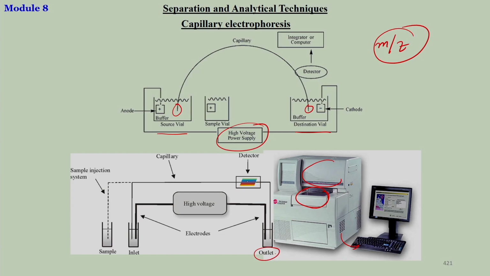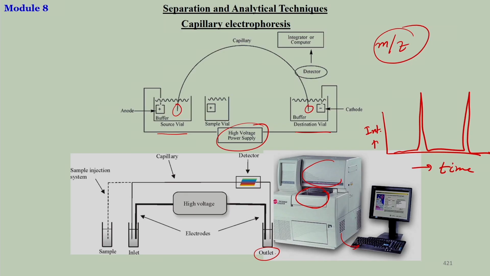Once it goes to the detector, you can see how they are eluted out. Because you have converted the speed in terms of the migration time, this is the intensity. If you have two compounds with different charge, they will appear at different time intervals.